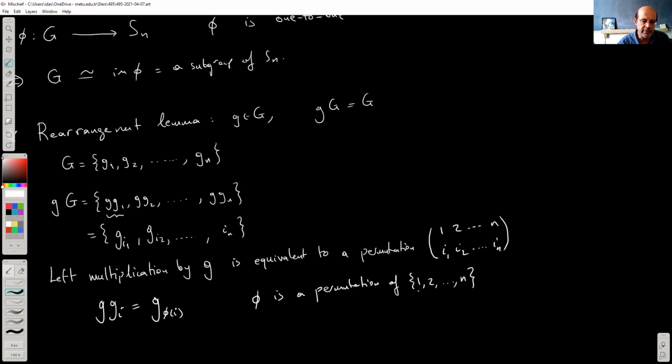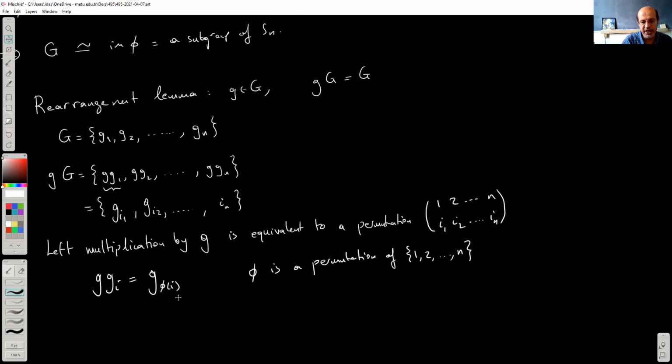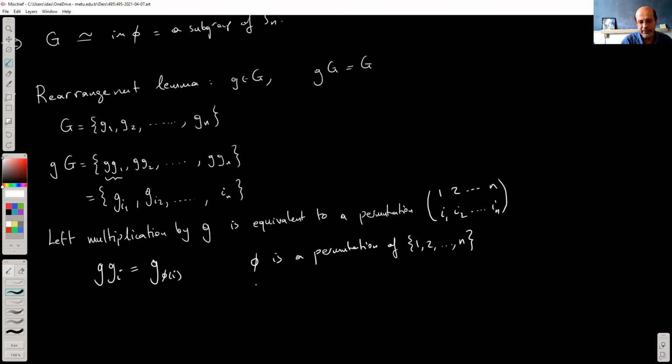You don't have to call them 1, 2, and you don't have to call them numbers. So this is a permutation. Just keep in mind that phi depends on the group element in here.